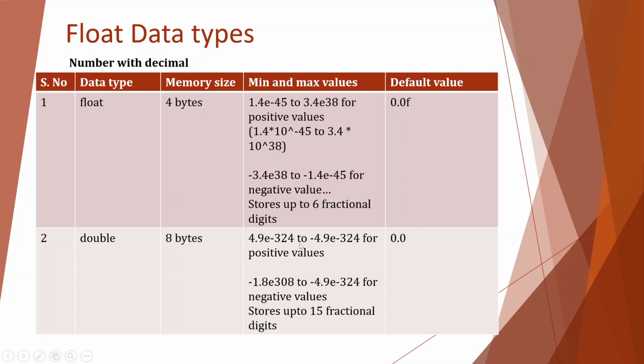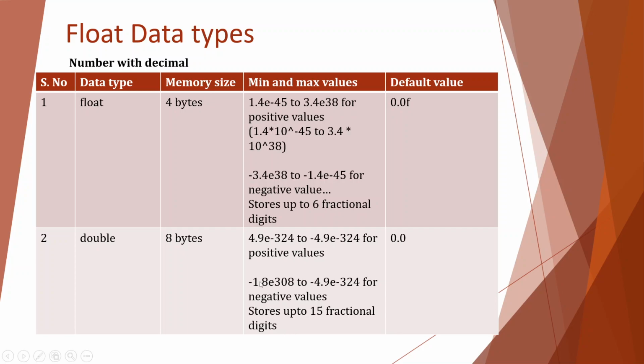Similarly, for the positive values, it is 4.9 multiplied by 10 to the power of minus 324. That is the minimum value of a positive number it can accept. Okay, that is the minimum value.